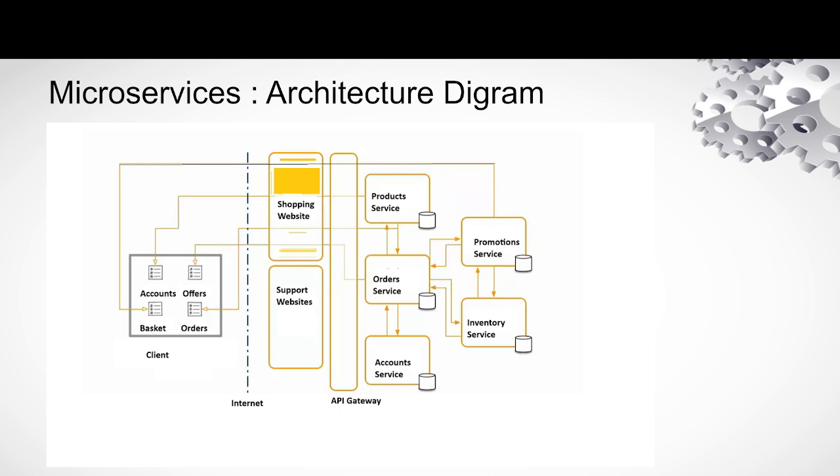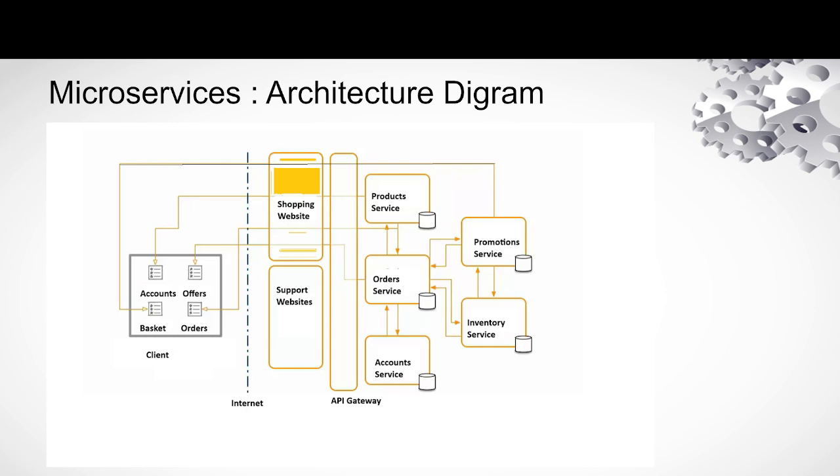The browser connects to the website via the internet, and our shopping website might be a .NET MVC website which is running on an ISP, internet service provider. All the processes required for the interactions with the website are actually carried out by a number of microservices which are running in the background.